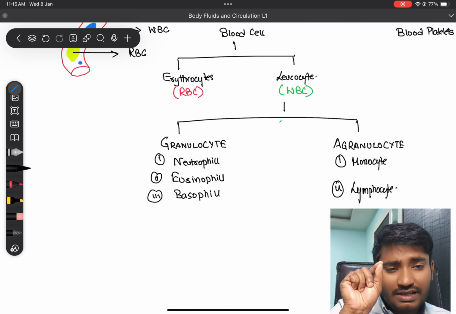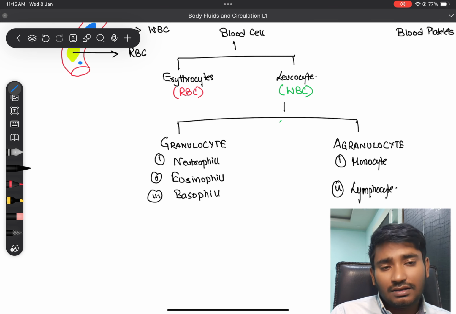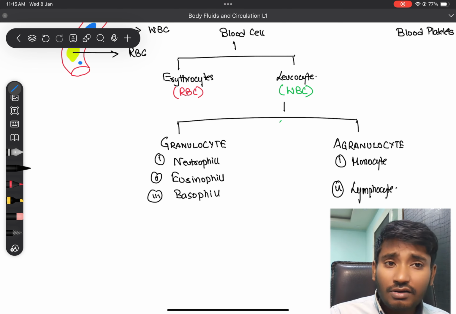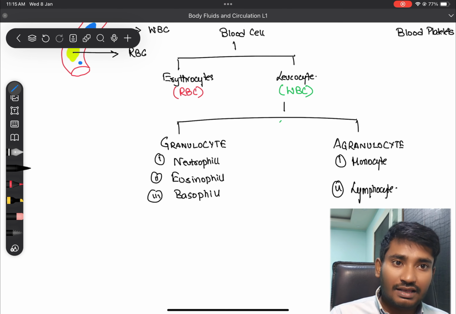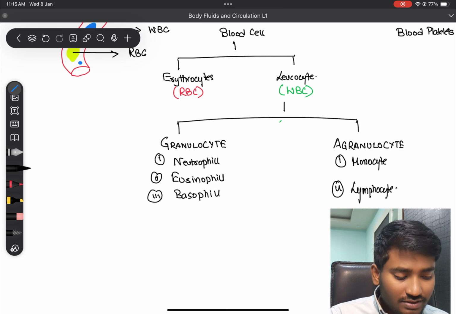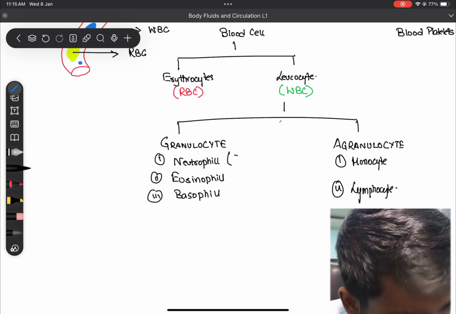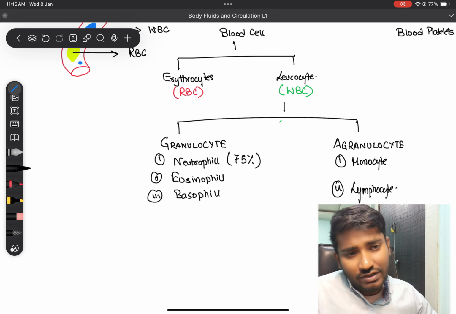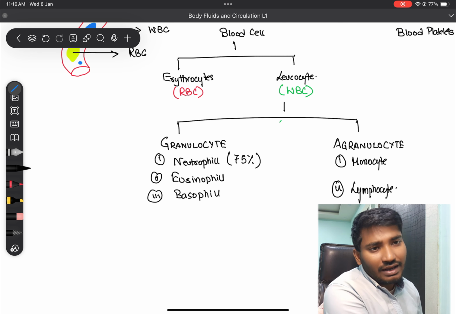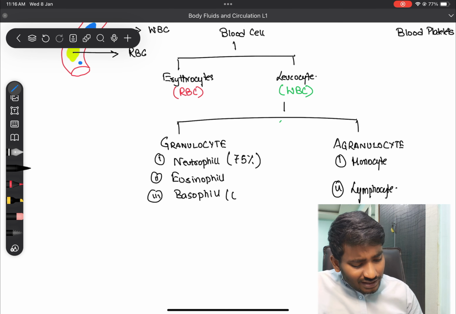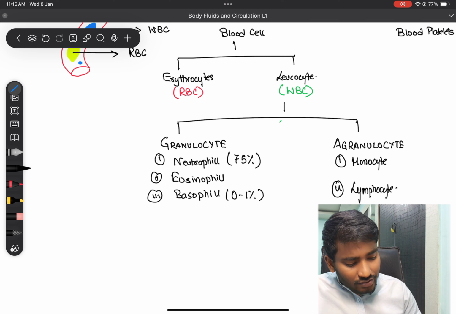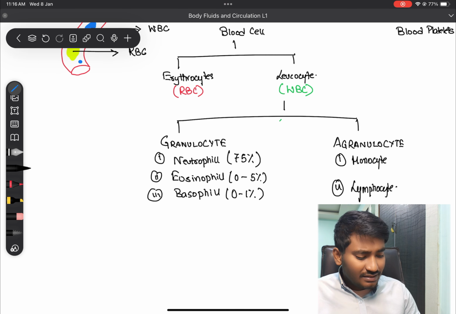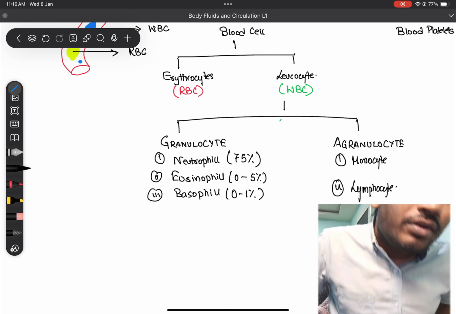Granules means small grain-like particles, and agranulocytes do not have any such thing. Neutrophil is approximately 75% of the total granulocytes, basophils probably 0 to 1%, and eosinophils up to 5%. The rest are monocytes and lymphocytes.